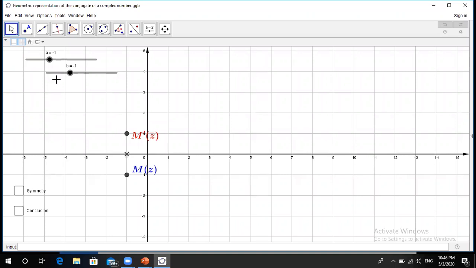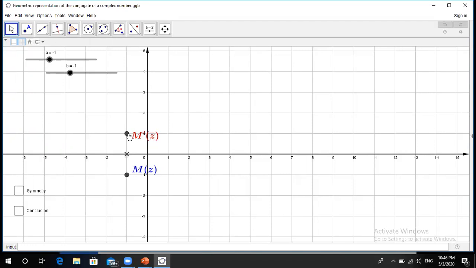For example, consider this point M, whose coordinates are -1, -1. So the point M is here at -1, -1. What about its conjugate? Its conjugate, you will keep the x part, which is -1, but it will be -1 plus i. So z bar will be, in this case, -1 plus i, and consequently, the image of z bar will be here.